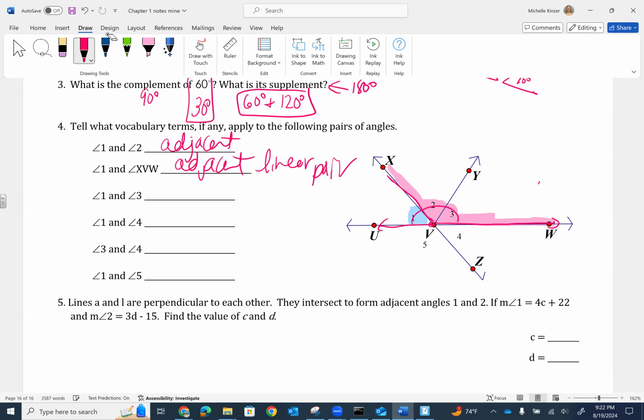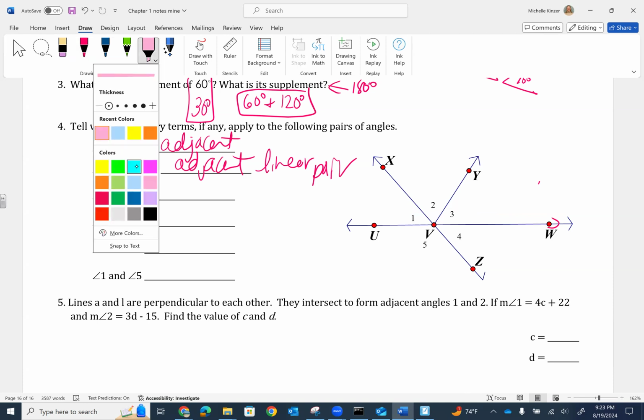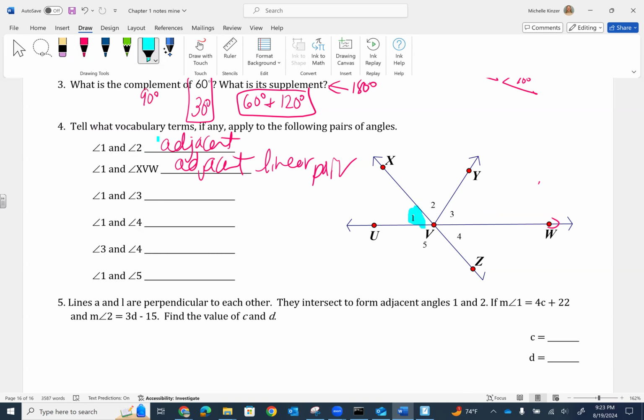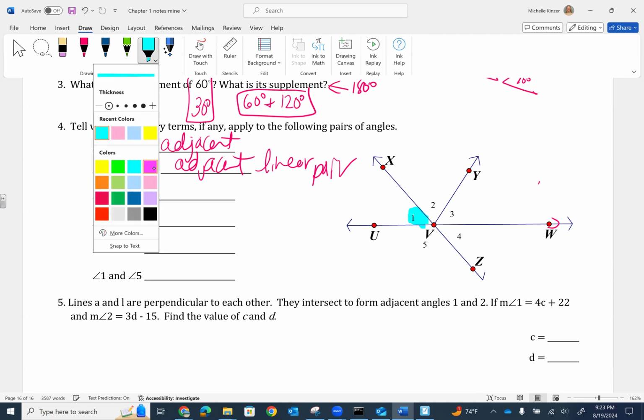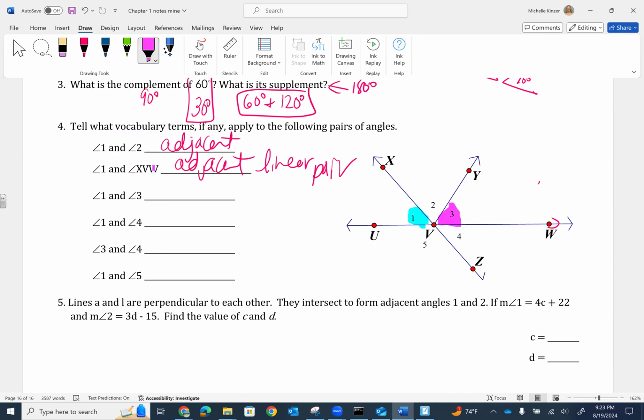Okay, angle 1 and 3. Okay, so if we look at this, we could say that angle 1 is here and angle 3 is here. Are they adjacent? No, they have a common vertex, but they don't have a common side. So they're not adjacent. We don't know that they make 90 or 180. So we're just going to say non-adjacent.